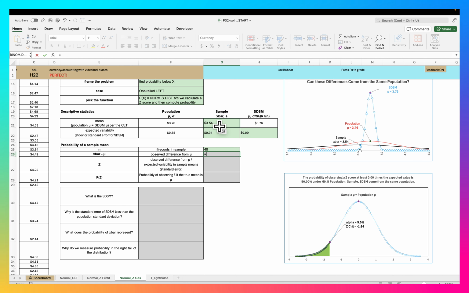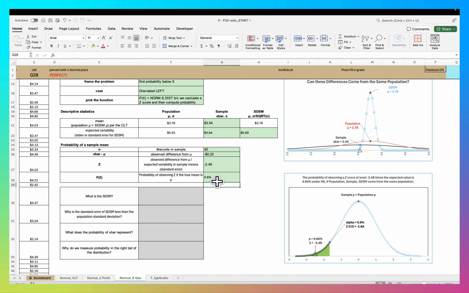Then the z-score is the observed difference, which is what we just got, divided by the expected variability, which for the sampling distribution is this. And then the probability of getting a z-score like that is norm.s.dist of that and true.